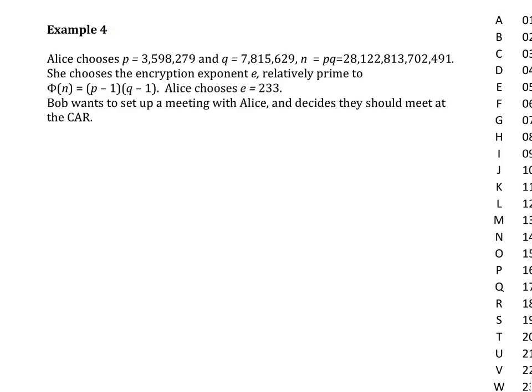Okay, example 4. Alice chooses P and Q as given, calculates N, that's going to be the public key, and she chooses E is 233. Bob wants to set up a meeting with Alice, and he decides they should meet at the car. So what Bob does is look up the codes, 03, 01, 18.